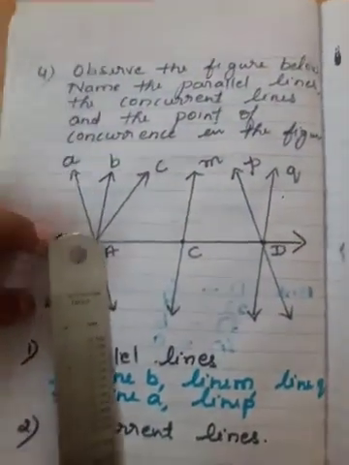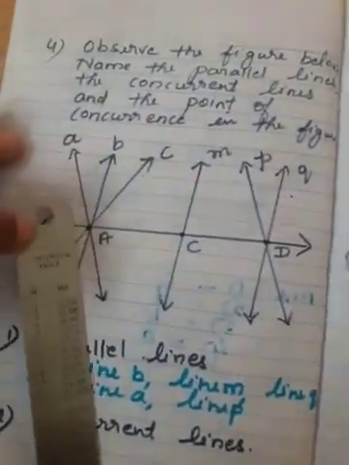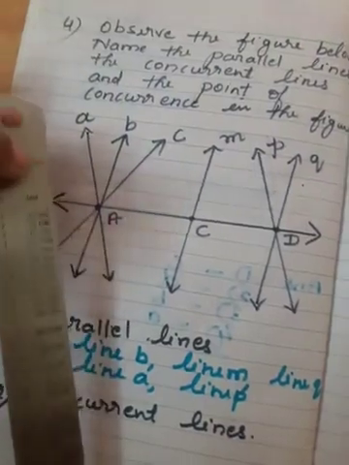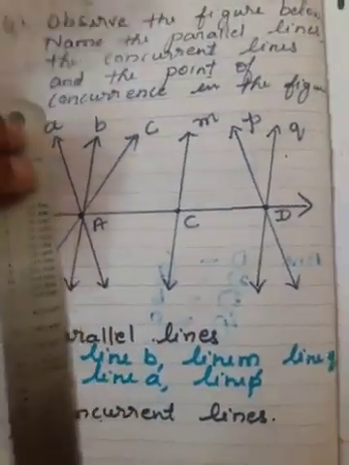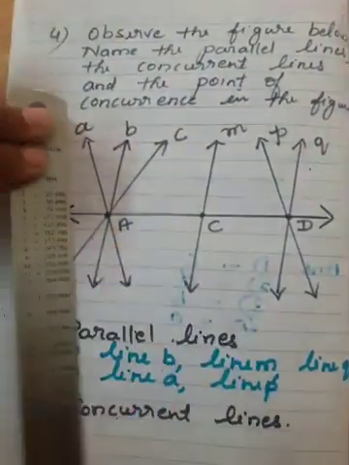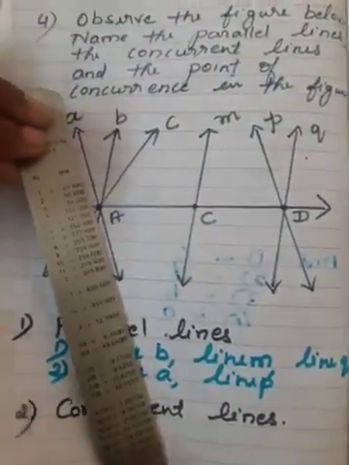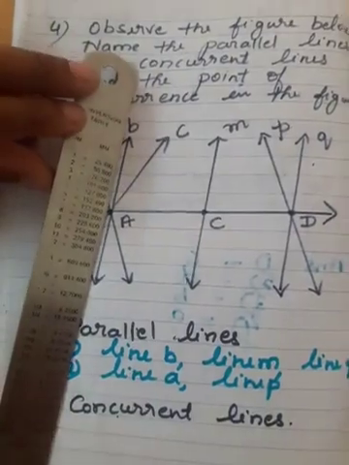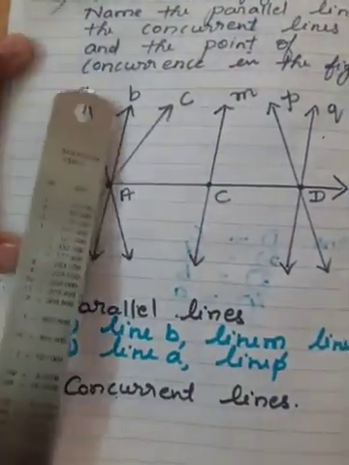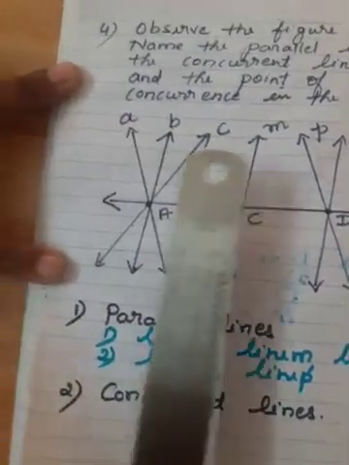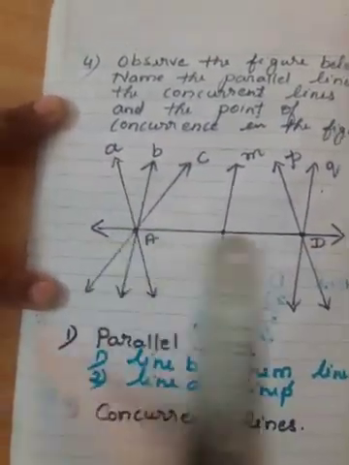So look at this point, point A. Here at this point, how many lines intersect each other? Here line A, line B, line C, and one more line, which is this line.